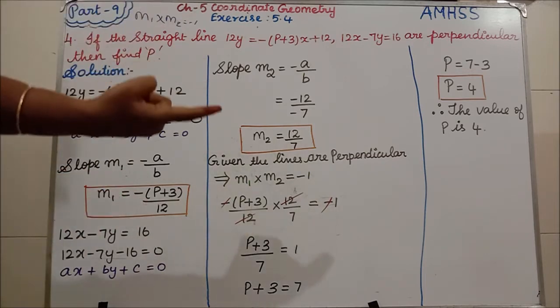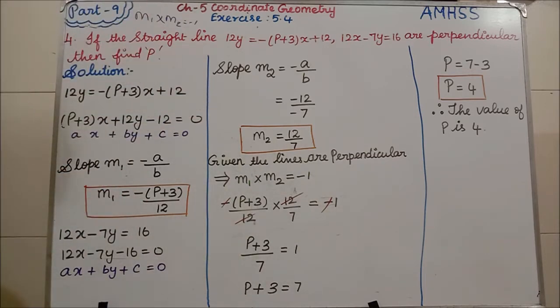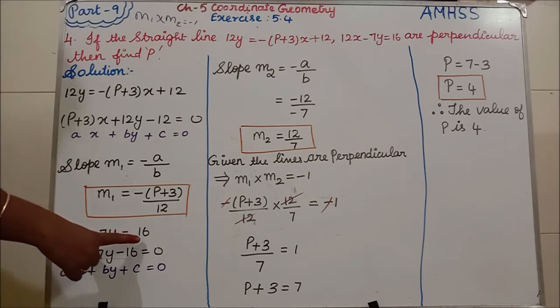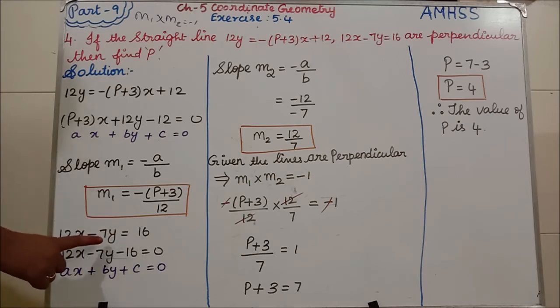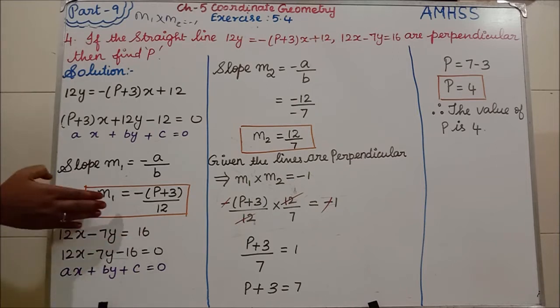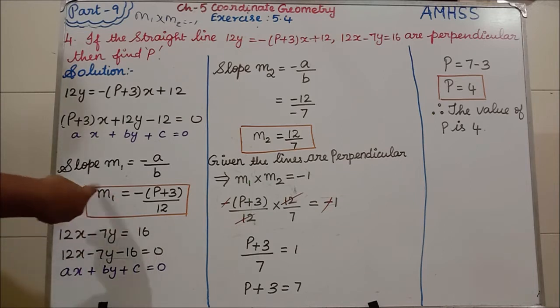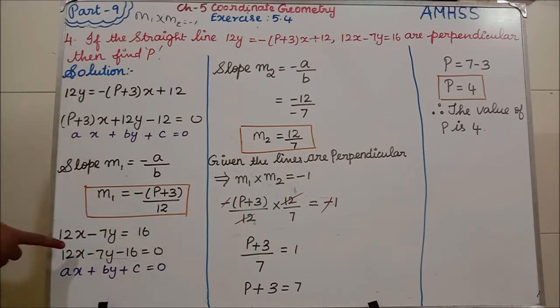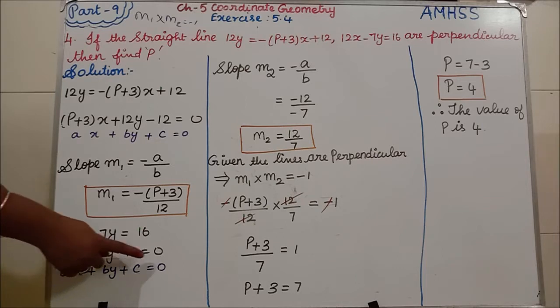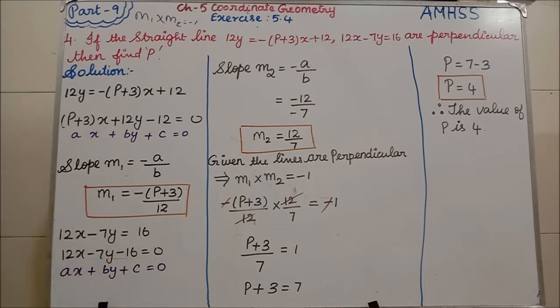Similarly, using the second equation, we have to find m2. See, this is our second equation: 12x minus 7y is equal to 16. X term first, then y term, and the constant term we have outside, that we have to bring inside. So, 12x minus 7y minus 16 equal to 0. Now, we have to compare with the equation of a straight line.